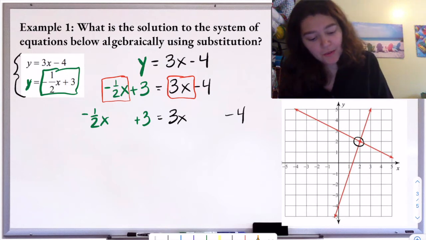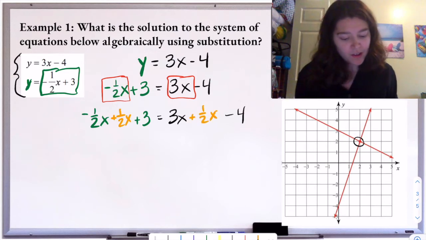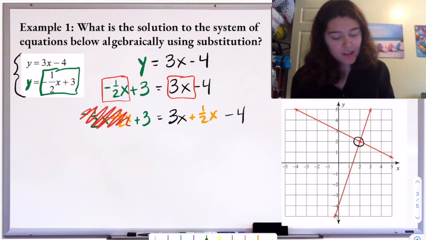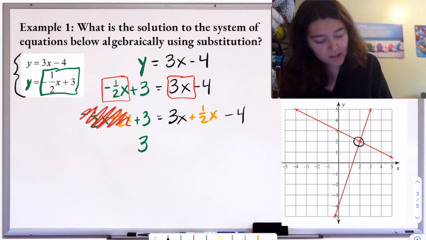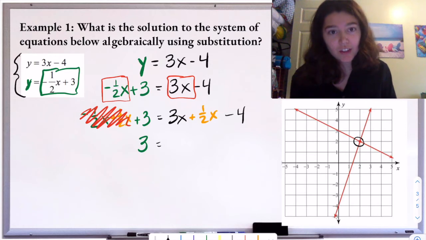I'm going to add positive 1/2 x. So I do that to both sides of the equation. On my left-hand side, negative 1/2 x plus positive 1/2 x goes away to 0, and I get 3 equals 3x plus 1/2 x is 3.5x.